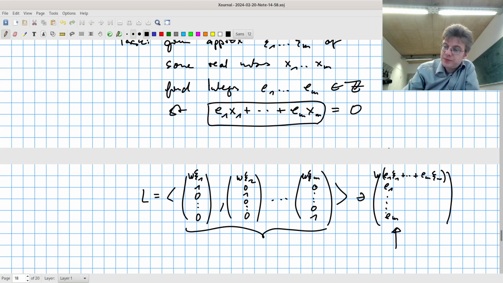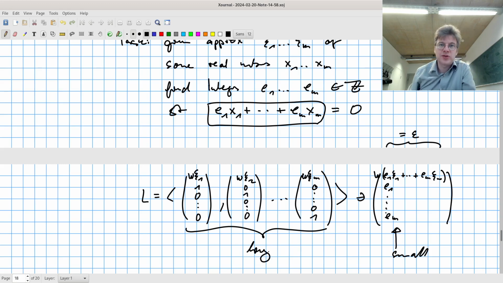But this here, this is epsilon. This is the rounding that you get if you take here the xi's instead of the x's. Oh, but then you don't get exactly 0, but you surely get something that is small. And something small multiplied with something big is something of reasonable size, so it doesn't mess up the size of this vector. So this is small, and this is long, and so we are in business.